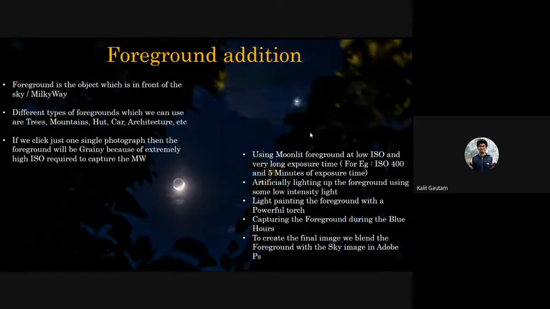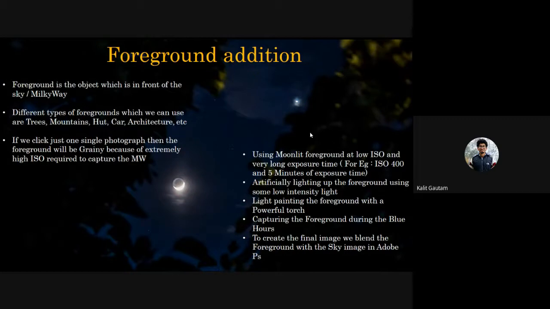The first point is using a moonlit foreground at lower ISO and very long exposure time. Basically, when the moon is up in the sky, just assume you want a tree as your foreground. Use the light from the moon, basically the sunlight reflected from the moon, to fall on that tree.